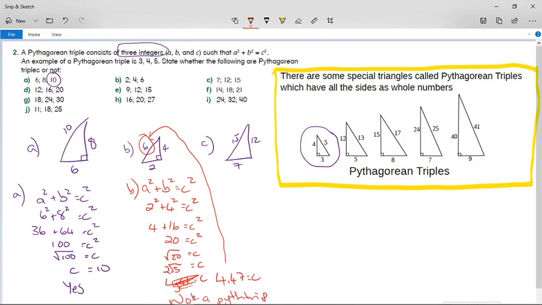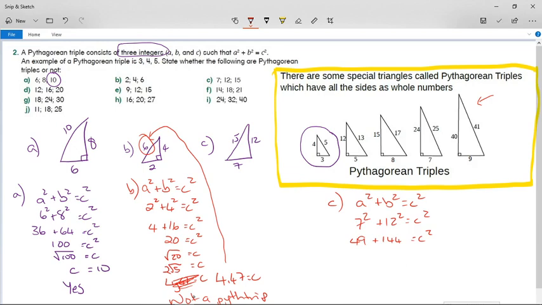Then you go to the next one, 7, 12, 15. I don't see it in my list of common Pythagorean triples here, so I'm guessing that it's not. But you just check a squared plus b squared equals c squared. So 7 squared plus 12 squared equals c squared. This is 49 plus 144 equals c squared.